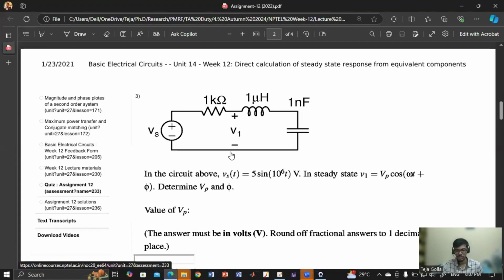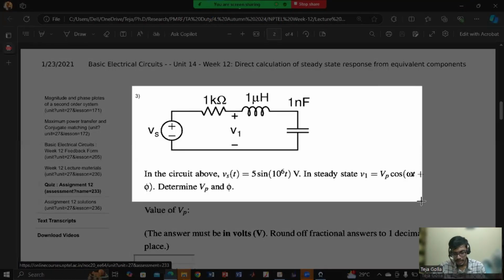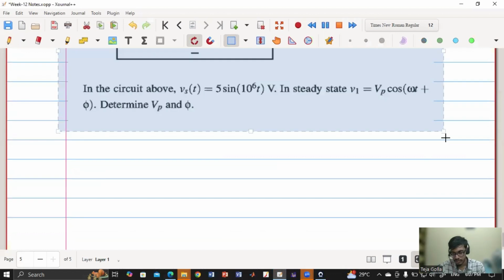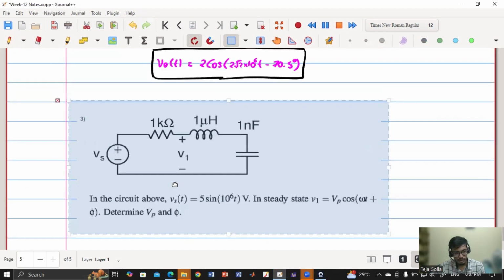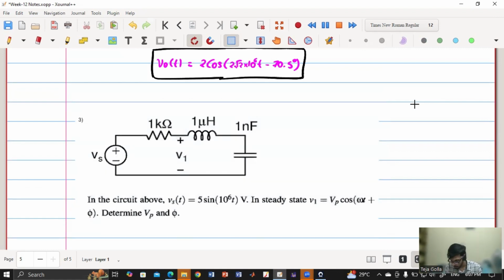Now you will understand the advantage of this method, because this is a second order differential equation circuit. So let us see what we are getting. This will be our second problem for today.